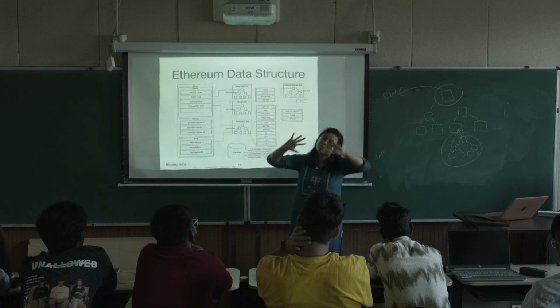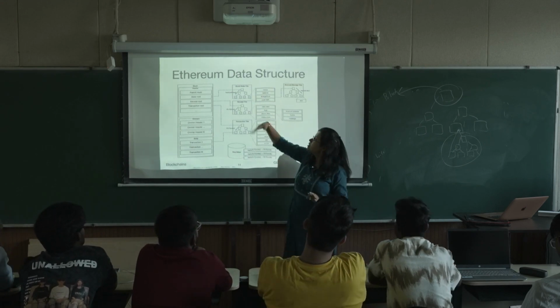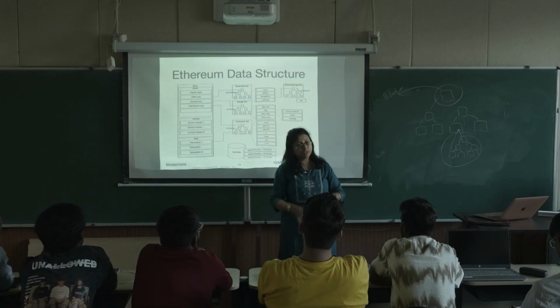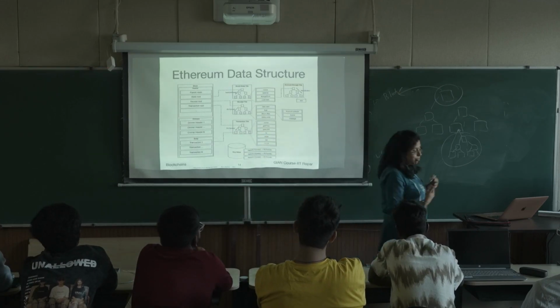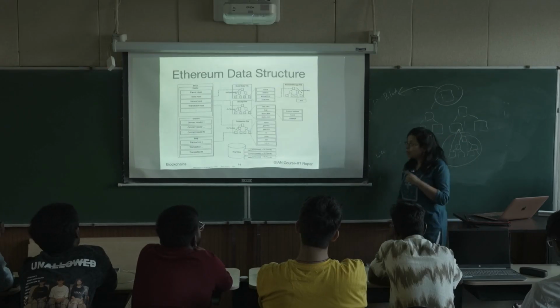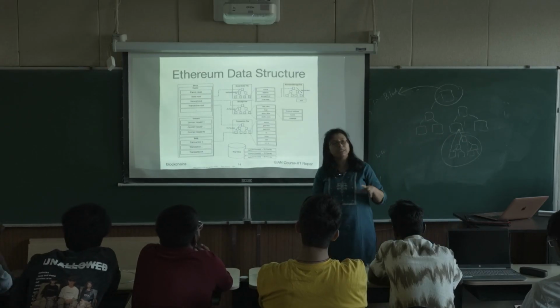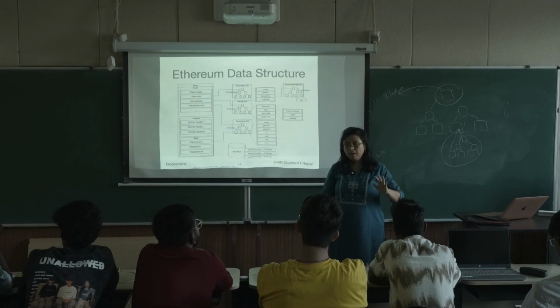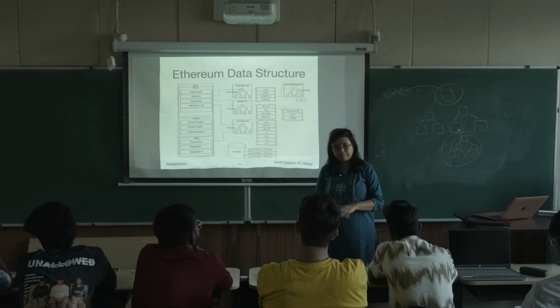So a full node keeps all this data. It keeps the transaction trie, state trie, everything. So that makes it extremely big, approximately 1.5 terabytes. However, Ethereum stores only the 128 blocks in the full node. The rest of it is stored in the archival node.